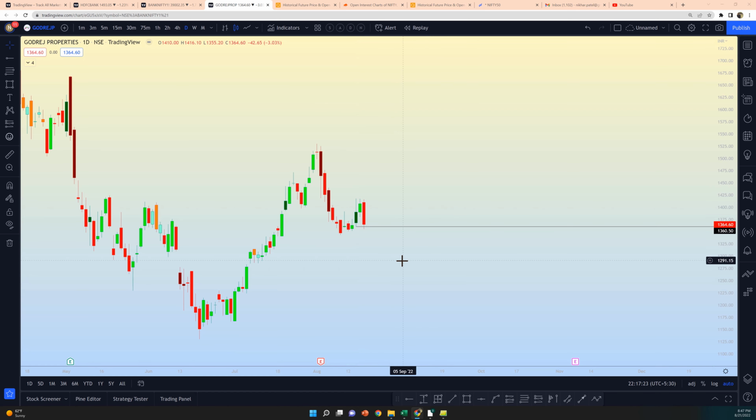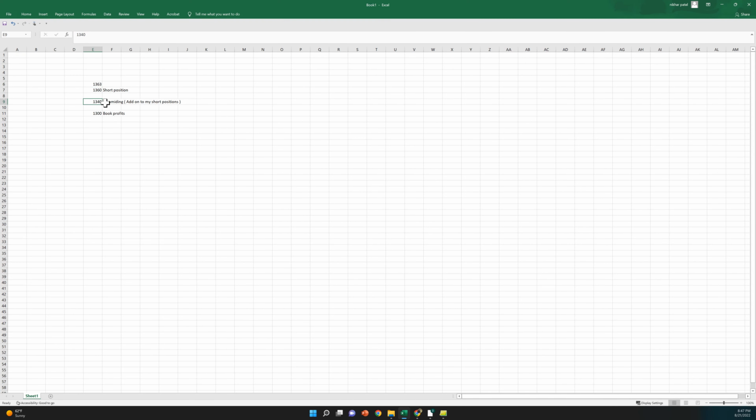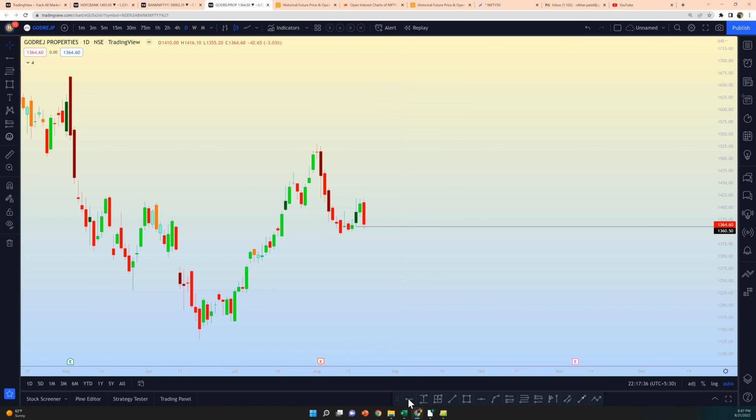That confirms our analysis. And I'm saying at 1340, which is the average support, most likely it will be crossed. There I would do the pyramiding. So let's mark 1340 here as well. 1340 is right here.